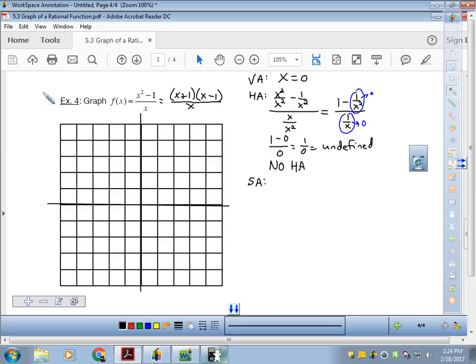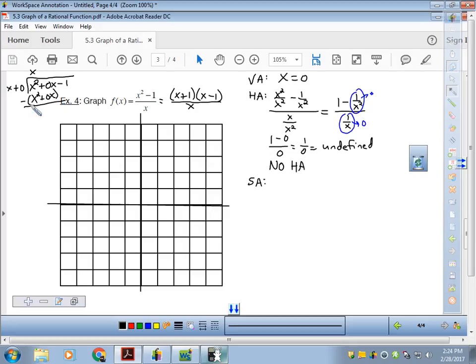To do that, we're going to do some long division. So I'm just going to set that up over here. x squared plus 0x minus 1 divided by x plus 0. What do I need to multiply x by to get x squared? An x. x times x is x squared. x times 0x is 0x.